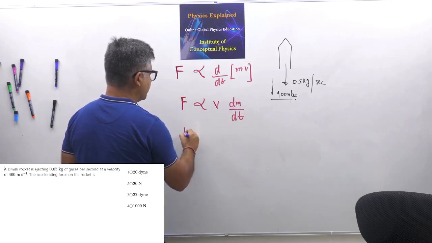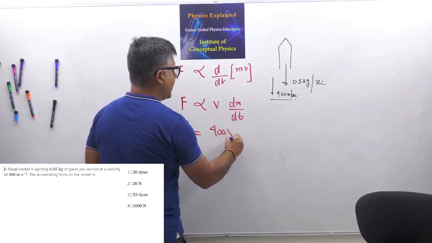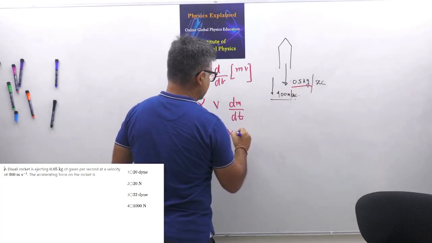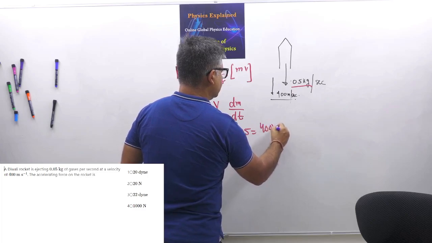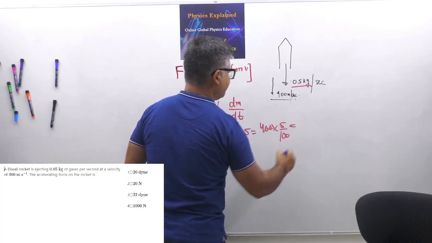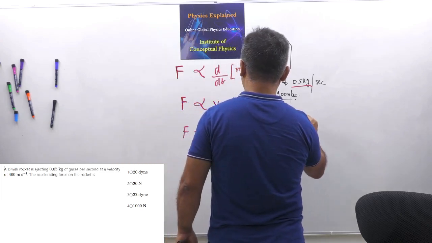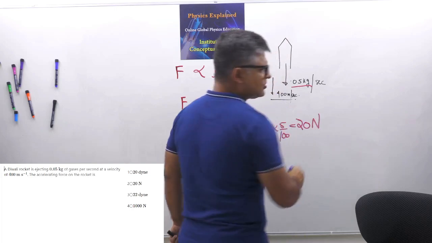So what is the force going to be equal to? Velocity is 400 and the rate of change of mass is 0.05, right? So 400 multiplied by 5 by 100 is equal to 20 newtons, right?